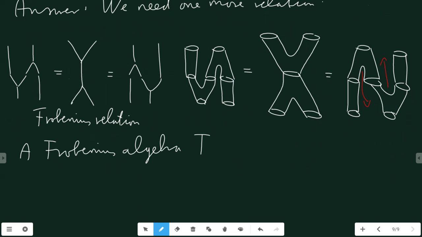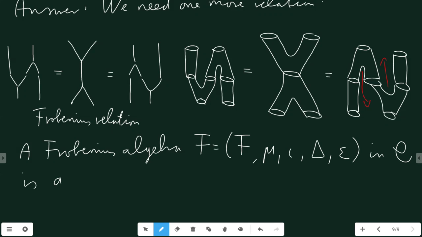So it's F, and you have a multiplication, you have a unit, you have a co-multiplication, you have a co-unit, in some monoidal category C. It is an algebra and a co-algebra satisfying Frobenius.